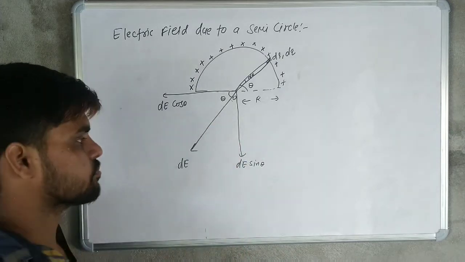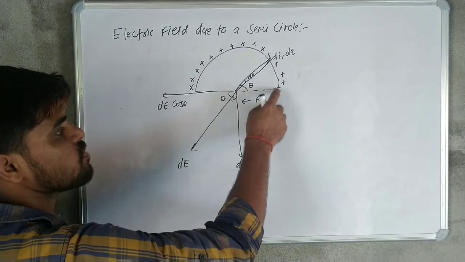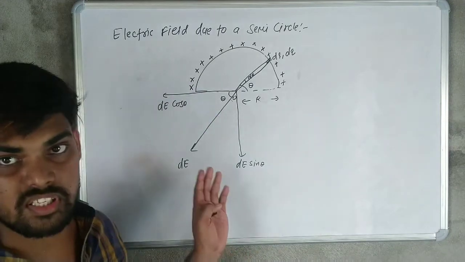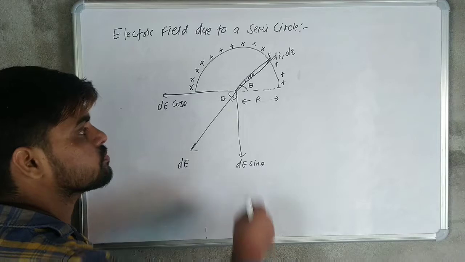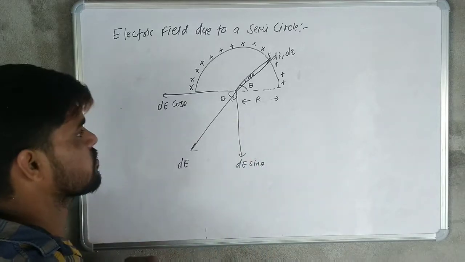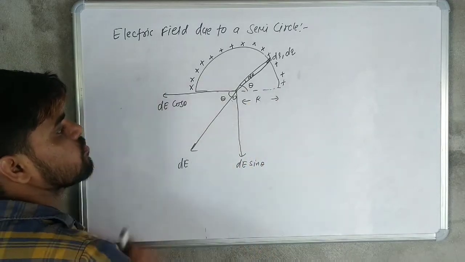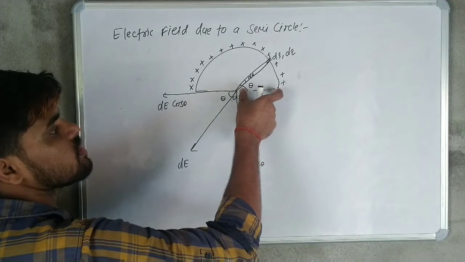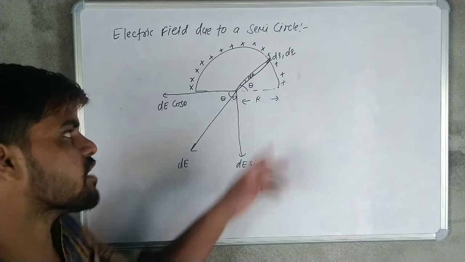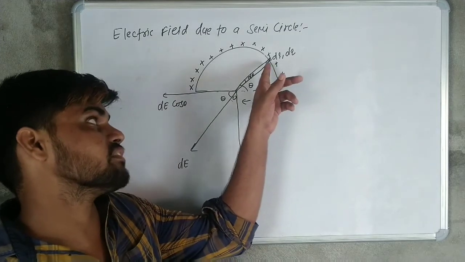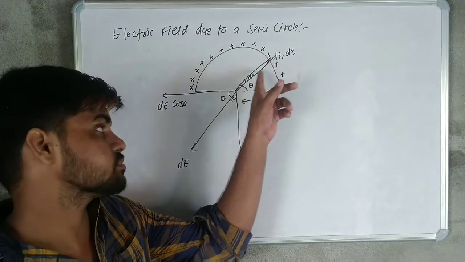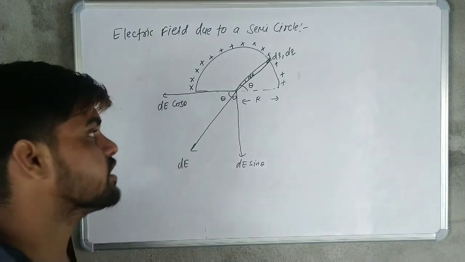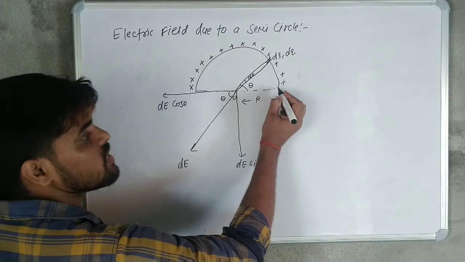If you go from this point to this point, we find this is symmetrical. First we find the electric field of this element, then we add the electric fields of all elements.